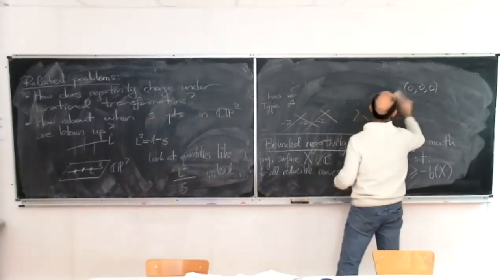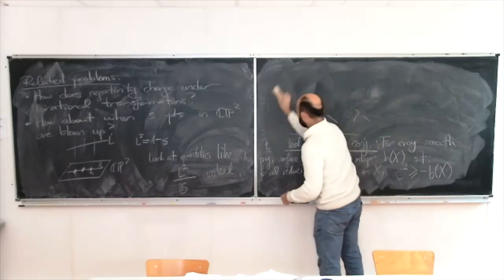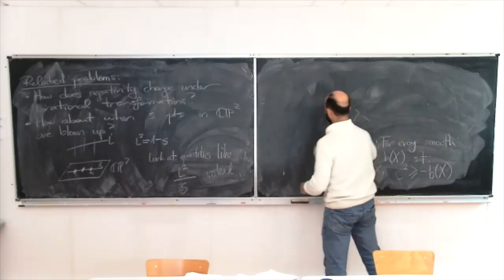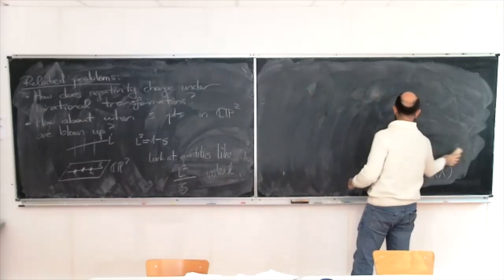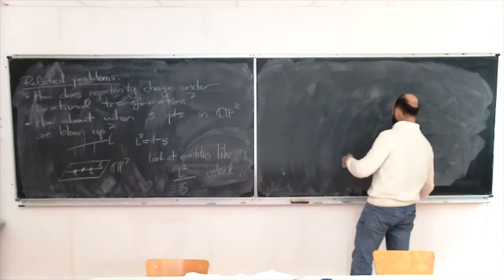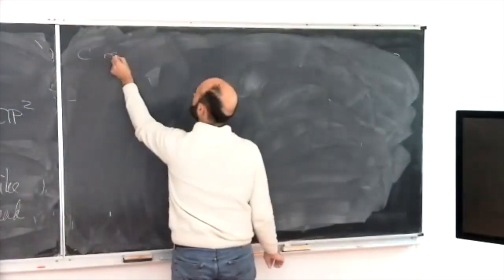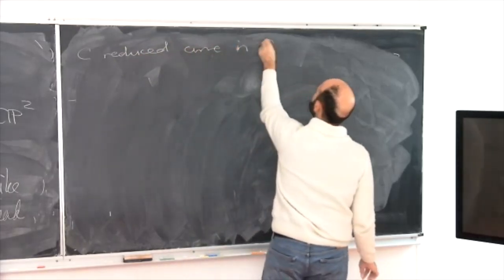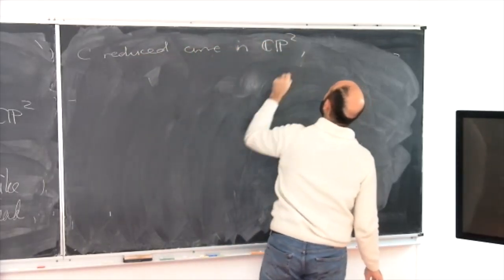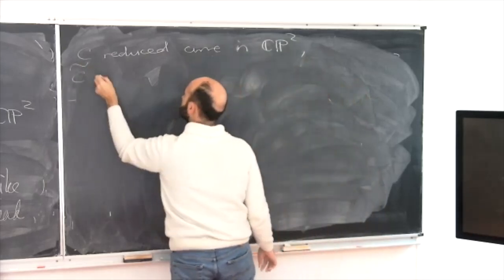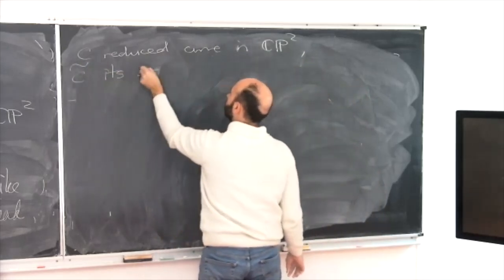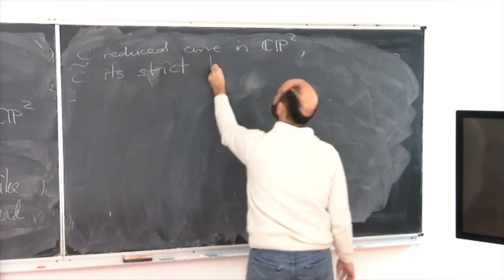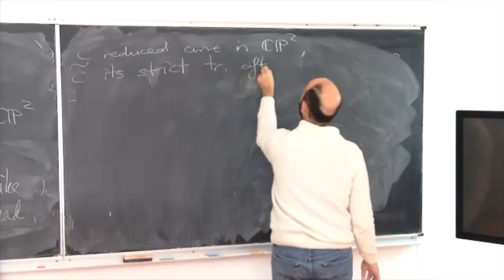Well, this is a simple line, but you could generalize this question as follows. Take C to be a reduced curve in CP2, and C hat its strict transform after s blow-ups.